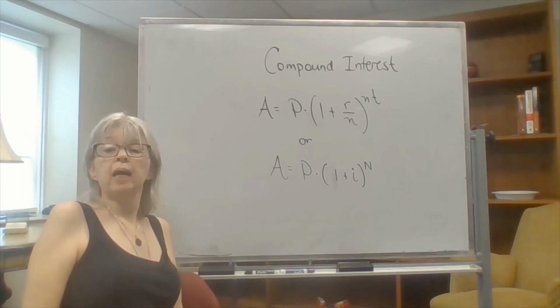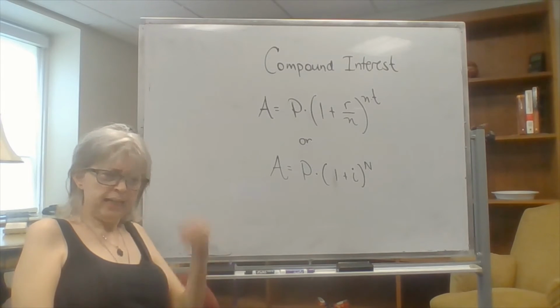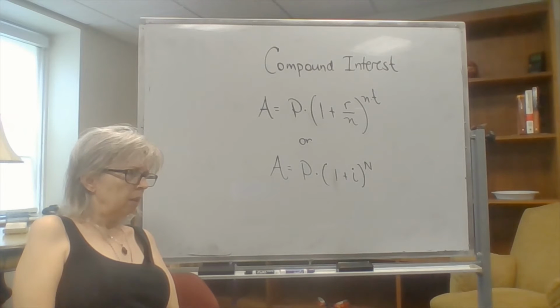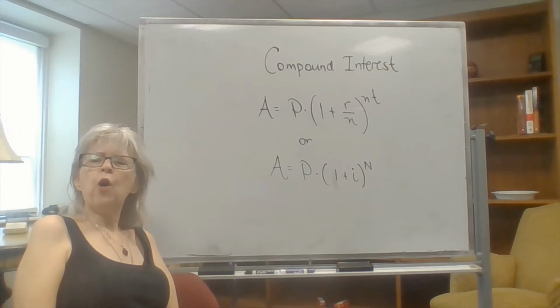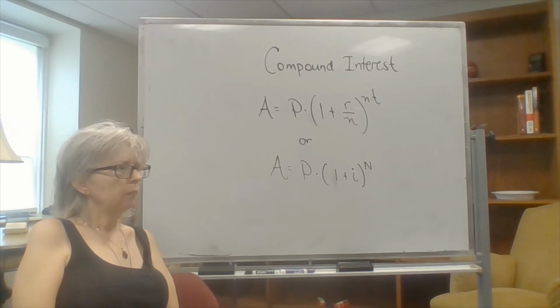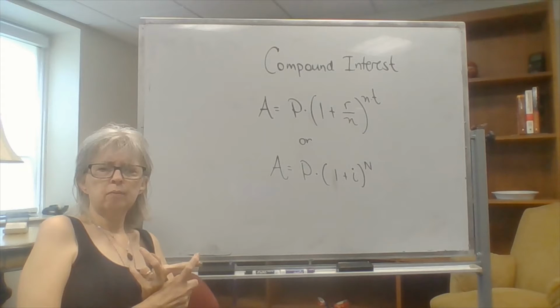Another question that comes up a lot, especially if you take a personal finance class or an accounting class, is you might want to know how long you've got to wait for something to happen. I know how much money I'm going to invest or borrow.